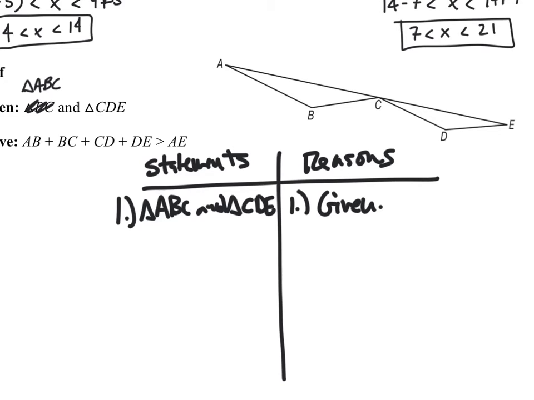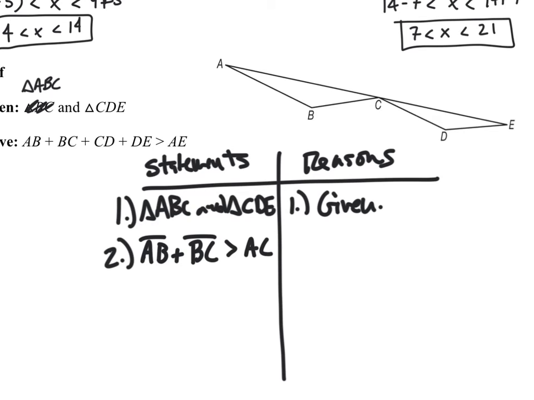So what I know here on step 2, okay, given triangle ABC, okay, I know that AC, I can just tell by the picture that AC is my largest side, okay? So I can set up this inequality that says that segment AB plus segment BC must be larger than segment AC, okay?